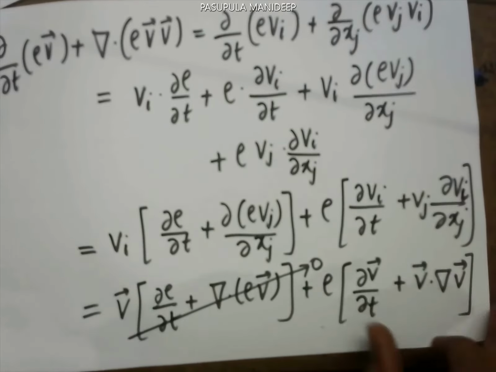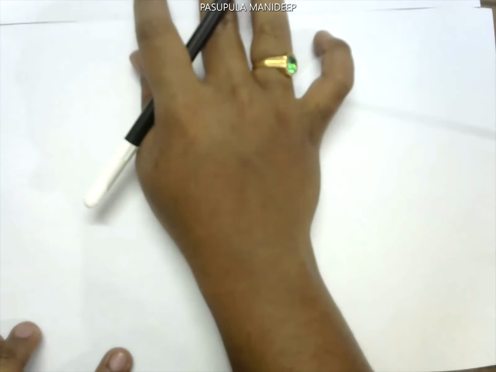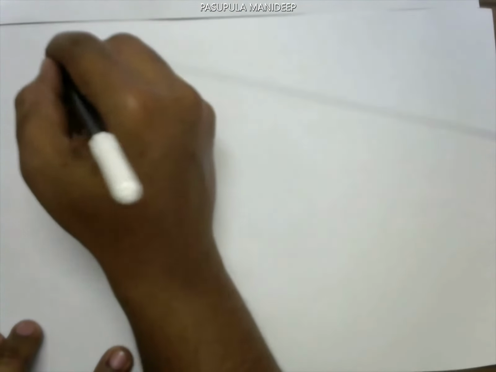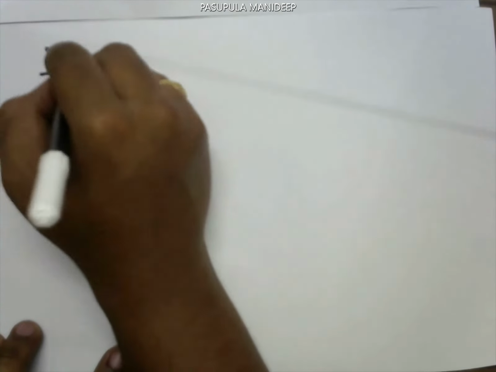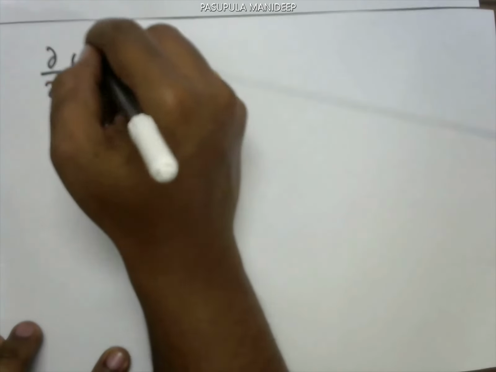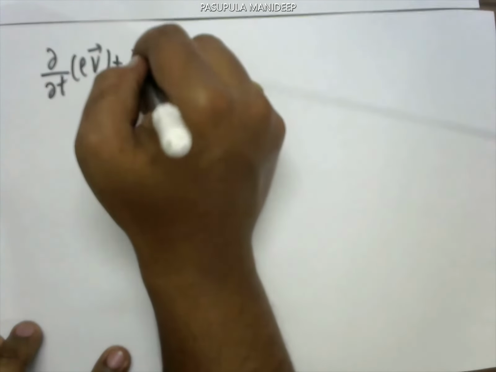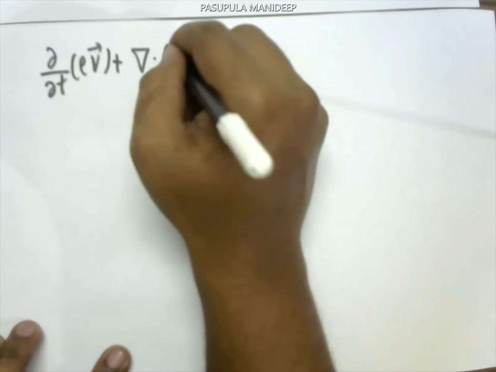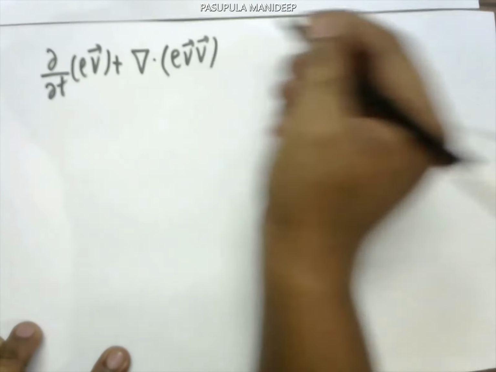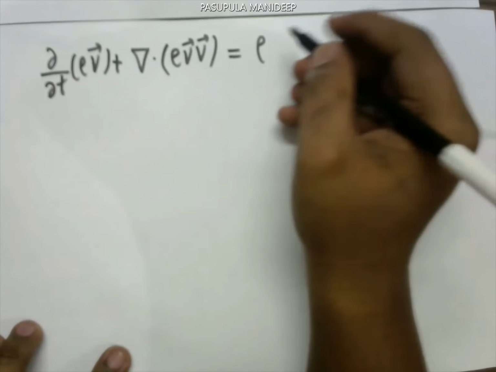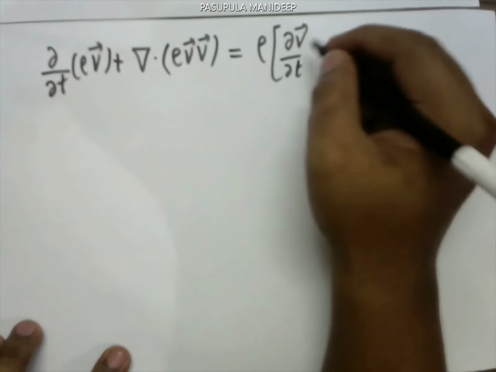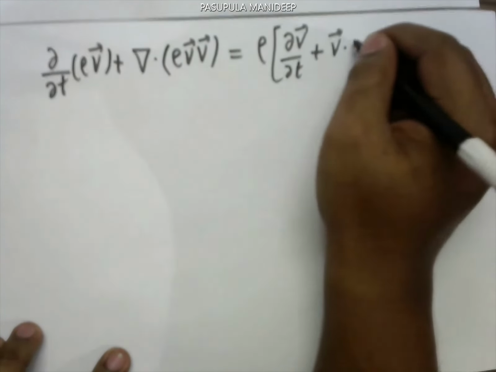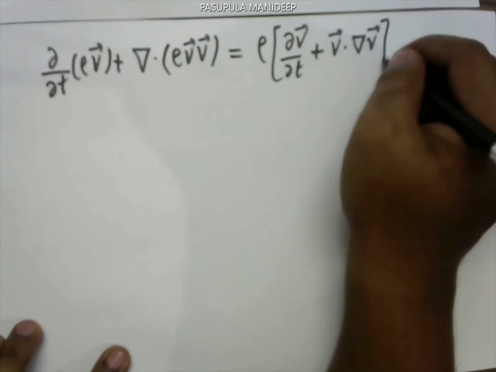Now we can rewrite that left out term as del v by del t plus v bar into grad v bar.